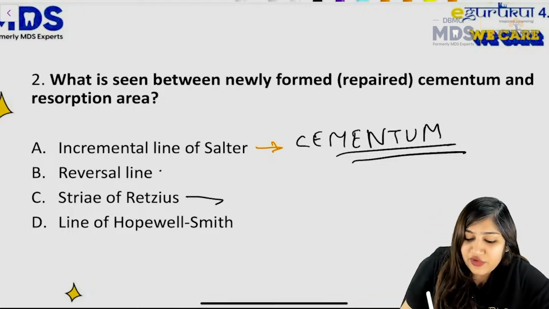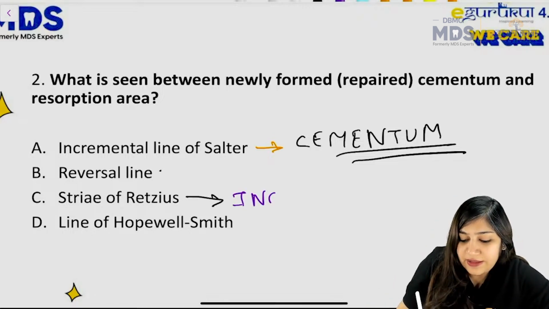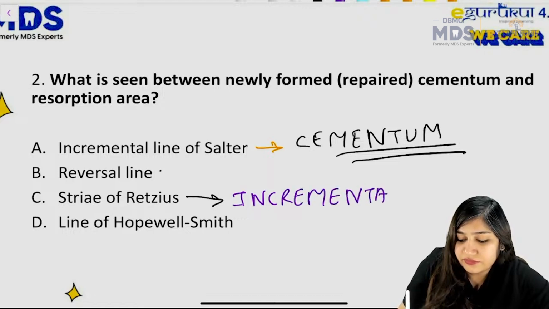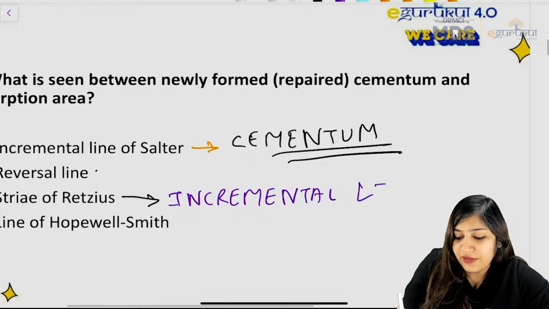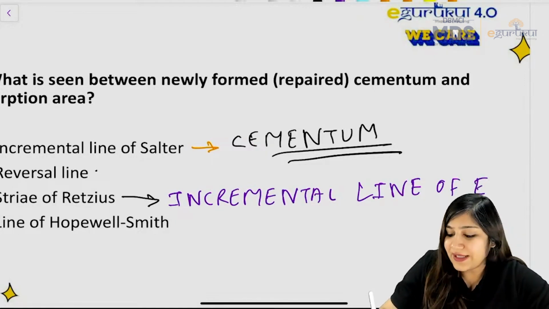Striae of Retzius. Again, what is that? Incremental line of what? Enamel or dentine? Enamel. This is the incremental line of enamel.